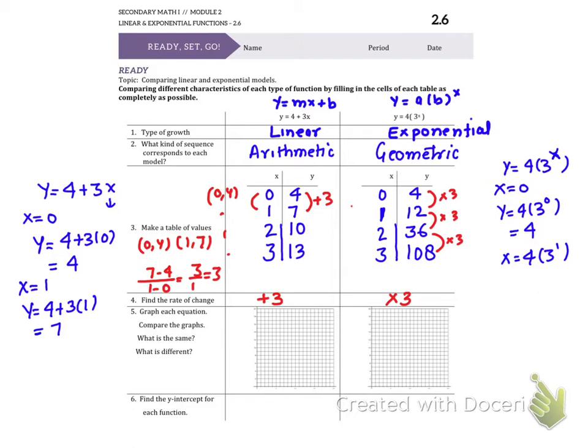Graph each equation. So that's going to be here, that's 10. So 2, 4, 6, 8. So if it is 10, and that's 20. All right.